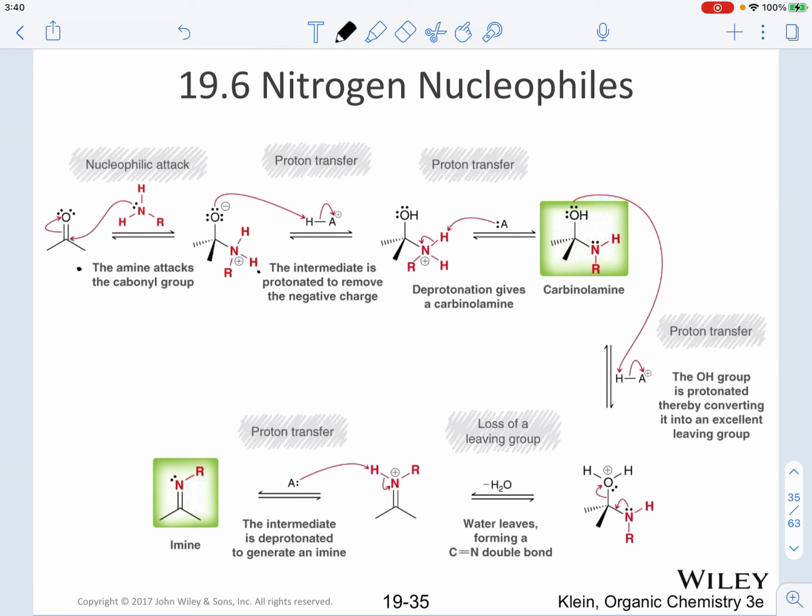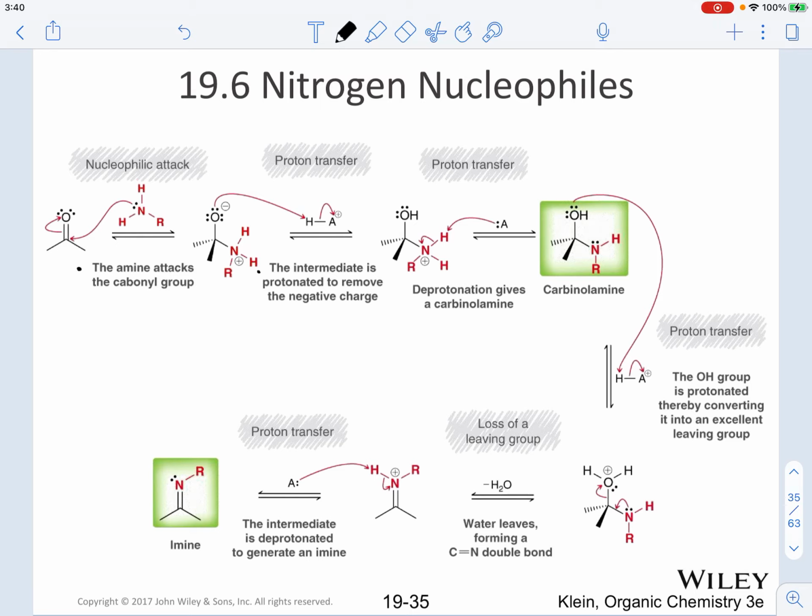When we look at the mechanism for the reaction, we can notice that the steps may be a little bit different from what we assume or what we have observed previously with other reactions under acidic conditions.